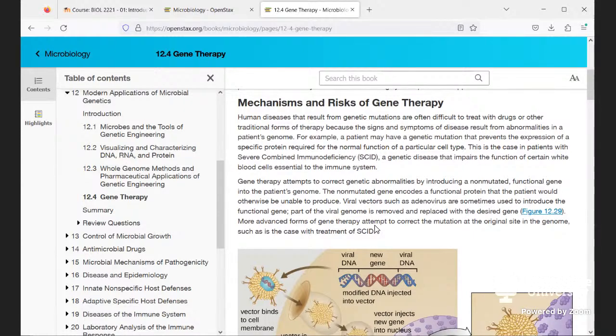So there was a kid named David the Bubble Boy. There's technically a couple of movies about this. He was born in the early 1970s with this disorder. Doctors recognized really quickly what was going on, and they put him into a sterile environment. He lived in a bubble.